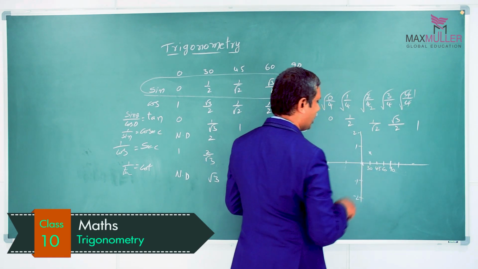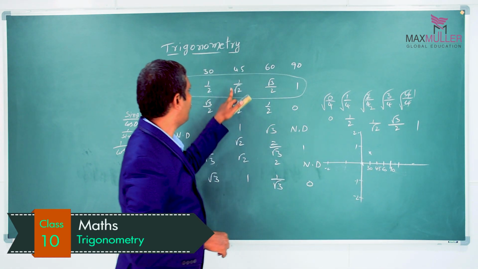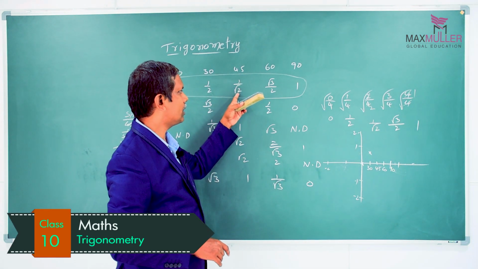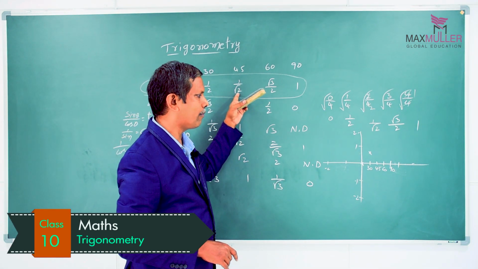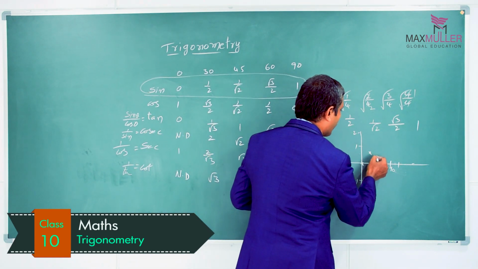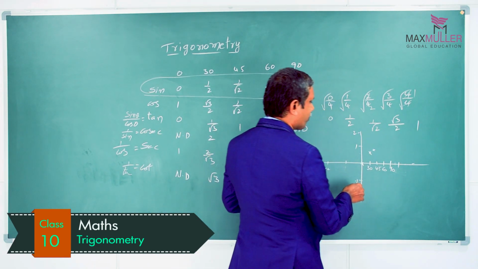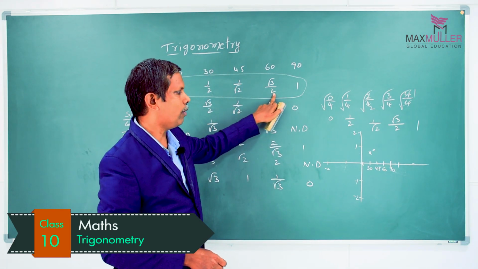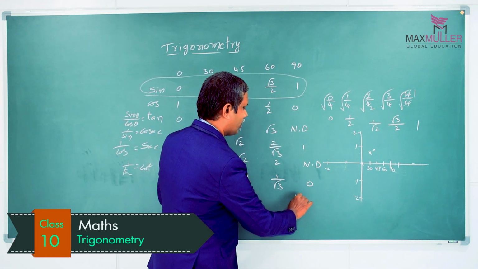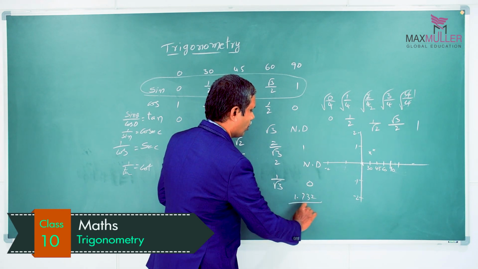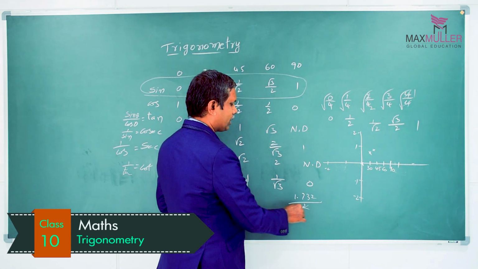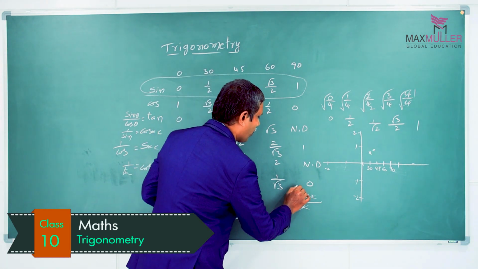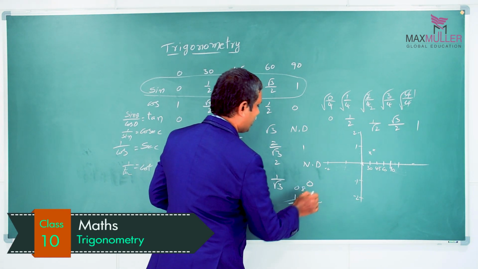That means here. What is the value of 45? 1 by root 2. 1 by root 2 means what is the value? Root 2 value is 1.414. That is more than half, a little bit above you will get here. After that sin 60, root 3 by 2. Root 3 value is 1.732 by 2, that is nothing but about 0.8 you will get.